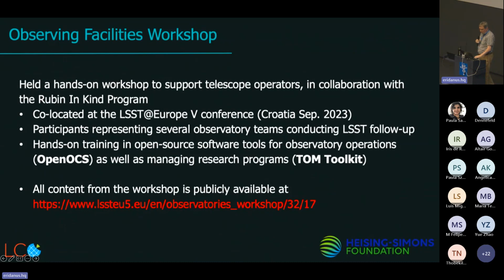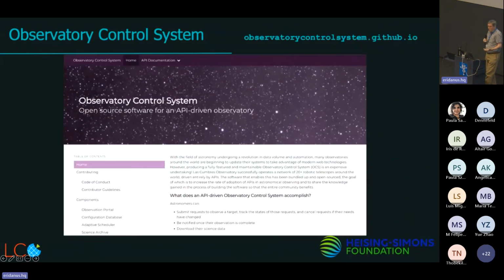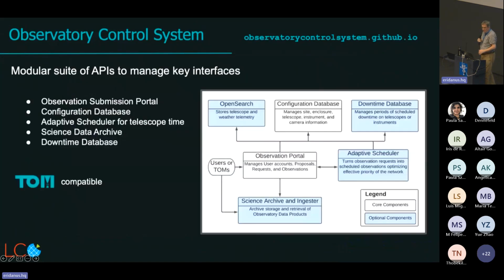So the observatory control system is a modular suite of APIs. It's designed to provide modern observatory functionality in an open source manner that you could use to replace and control your telescope. So we have a submission portal. There is a configuration database that lists the details of the cameras and instruments and the telescope.